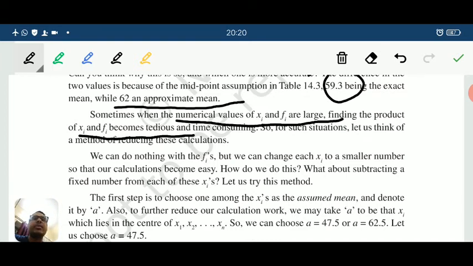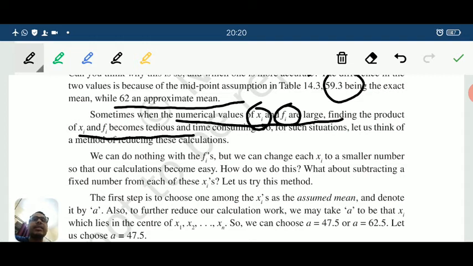Here we got the class mark and multiplied with the frequencies. The class mark was not that big, so it was easy to do the multiplication. However, suppose the values of the observations and the respective frequencies are quite big. In that case we need to shorten it so that the multiplications become easier for us.